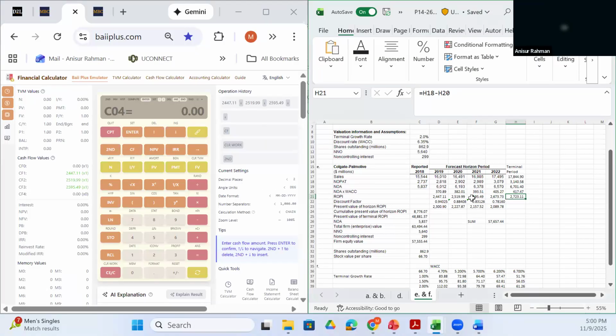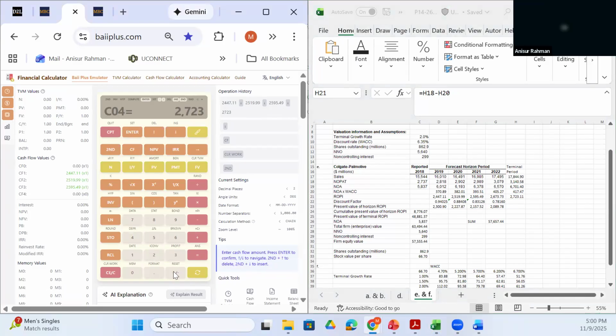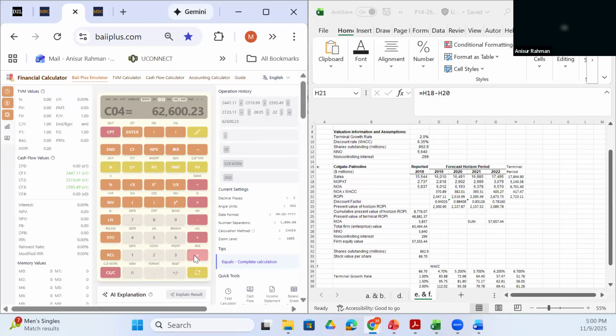So 2723.11 divided by parentheses, we are doing a subtraction in the denominator, 6.35%, 0.0635 minus 0.02, close, enter.